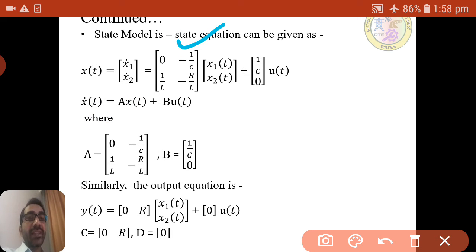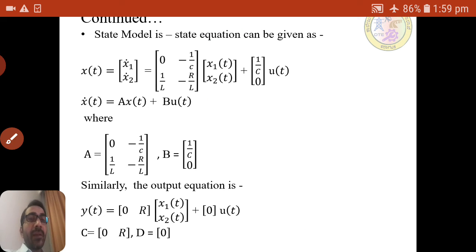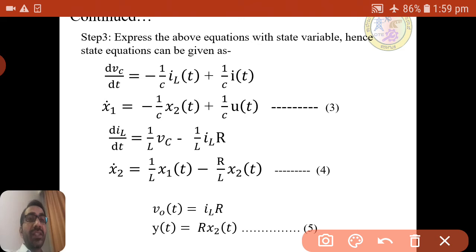We call this the A matrix, and this is the x of t term, with two state variables, and this is B, the input coefficients, that is 1 by C and 0, and this is u of t. All this is based on what we got in the previous equations, that is 1 by C. Here this is the input coefficient, this is a state coefficient, and similarly there is one more state coefficient, and this is also another state coefficient.